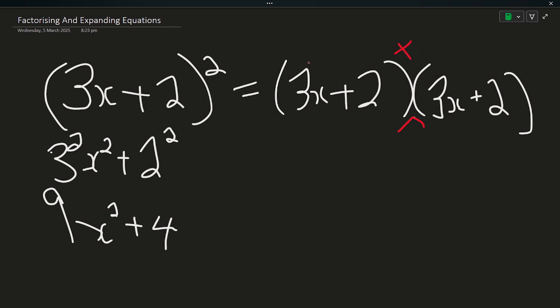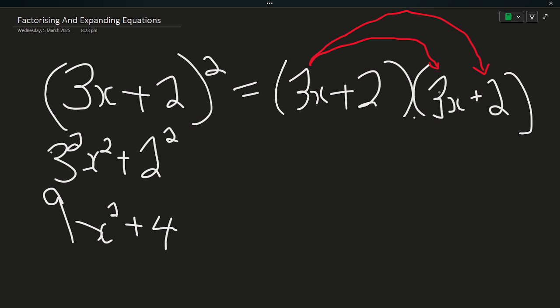So this way, we're going to bring the 3x onto here. We're going to be using this 3x 2 times, so we're going to be doing it 2 times for each expression.